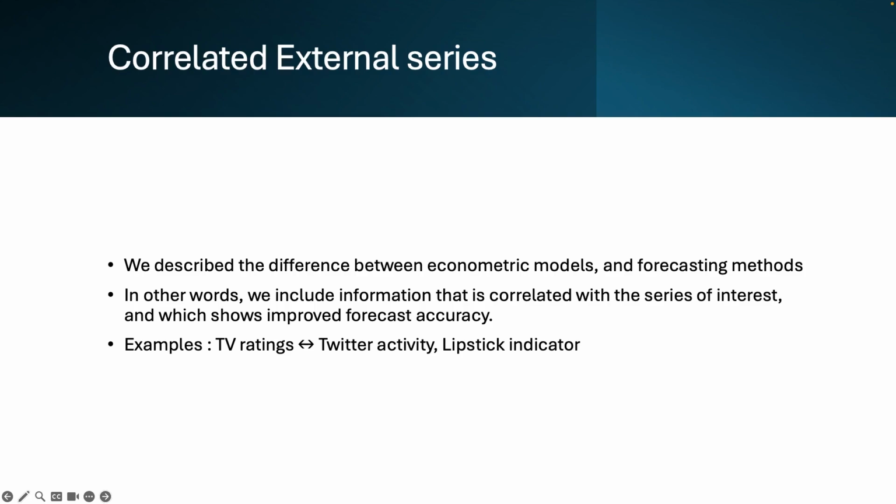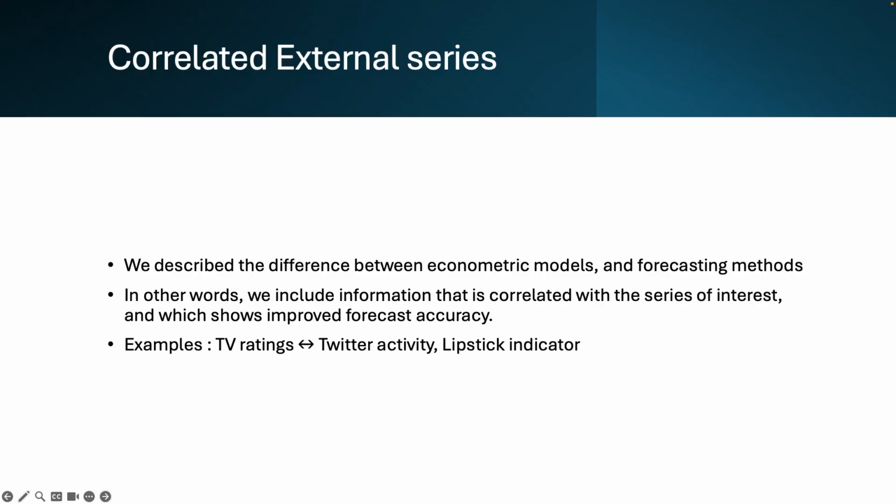We described the difference between the econometric models, where the inclusion of external information is based on a causal theoretical model, and the forecasting methods that include external information that improves the accuracy of a prediction. So we have two different things. In forecasting methods, the external information improves the accuracy of predictions regardless of whether a causal model is present or not. We don't study the causality here.